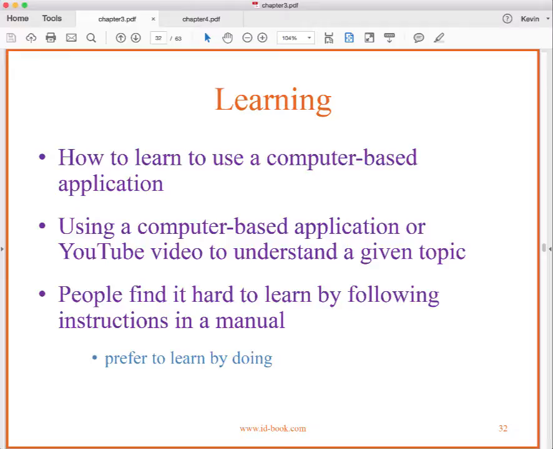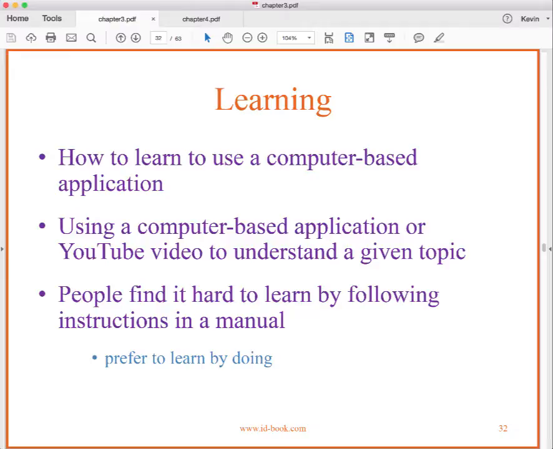So let's talk about another cognitive consideration, which is learning. How to learn a computer-based application. Using a computer-based application or a YouTube video to understand a given topic.